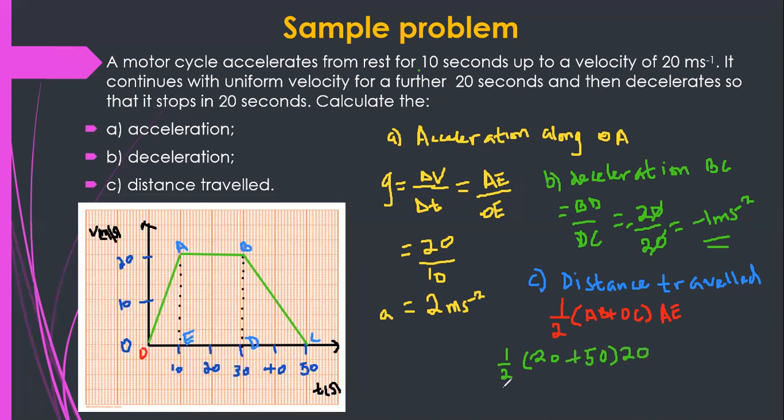So we have 1 over 2, and this is 70 times 20.